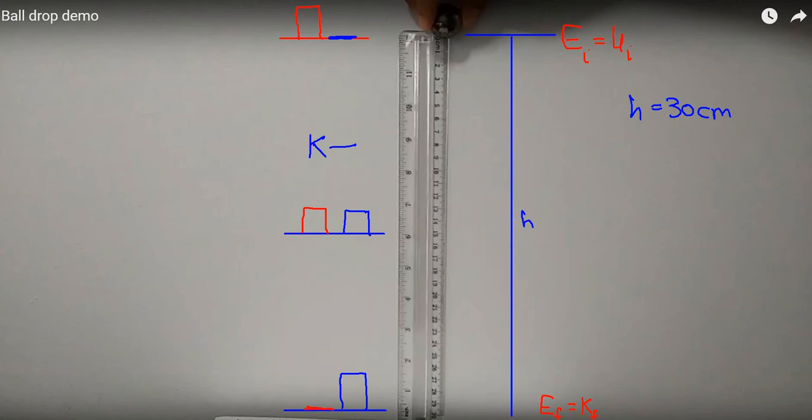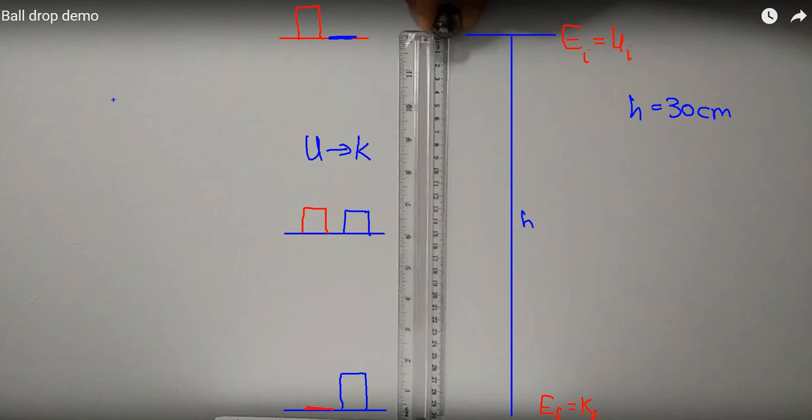In this case in particular, we have potential changing into kinetic energy. If you throw the ball up and it goes to the same height, you get the reverse situation where kinetic converts into potential.